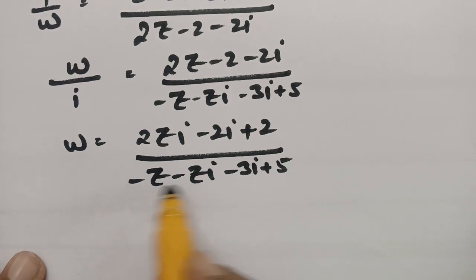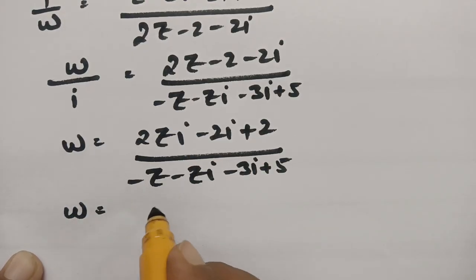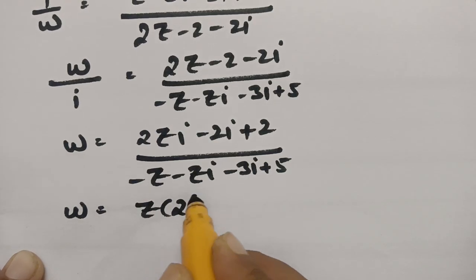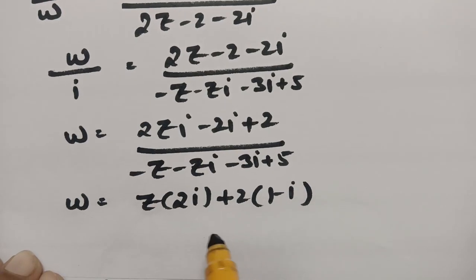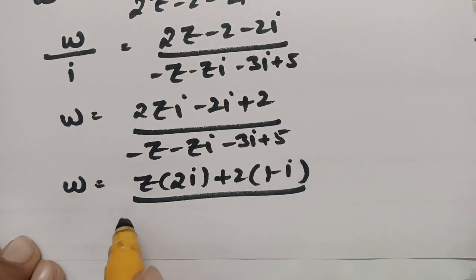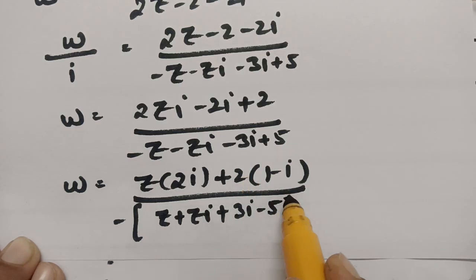And if I take minus common and send it to the numerator, this value is going to become, if I take z, 2i plus, if I take 2 common, 1 minus i, divided by, if I take minus common, z times of z plus zi plus 3i minus 5.